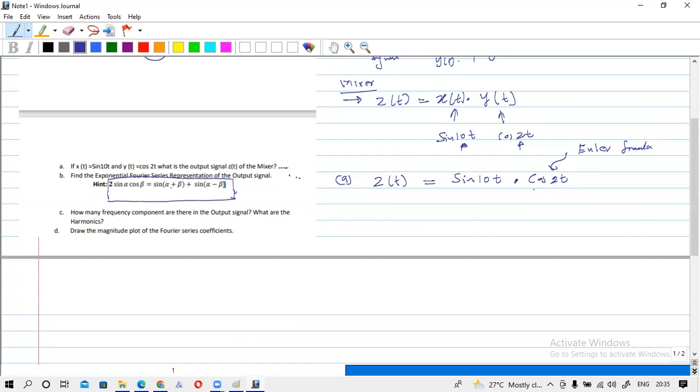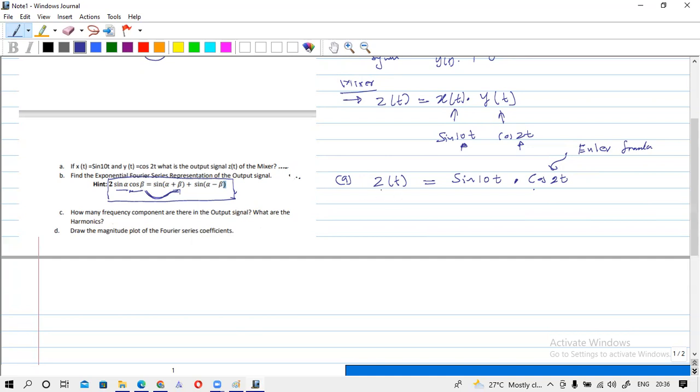Using this identity we can convert this product. Here we have a product of sinusoidal terms, and we can convert it into a sum using this identity.